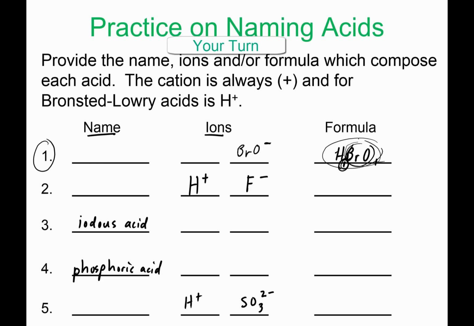So this one here is because hypobromite has a 1 minus, and that 1 there is because hydrogen is a plus 1. Okay, and then this would be called hypobromous acid. Okay, see if you could name 2, 3, 4, and 5. You could pause it, write it down, then I'm moving on to the next slide.